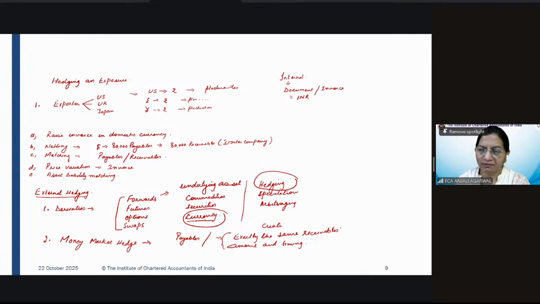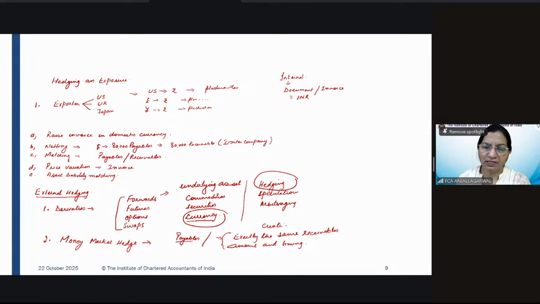So interest rates would be given, at what rate of interest you can borrow, at what rate of interest you can lend. And basis that, you can create a situation where you have exactly the same receivables as you have payables.